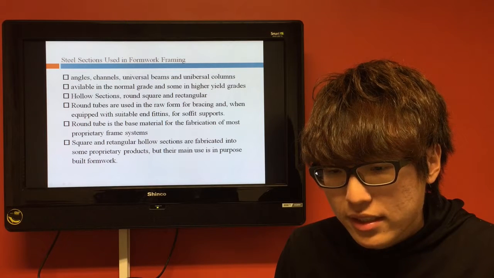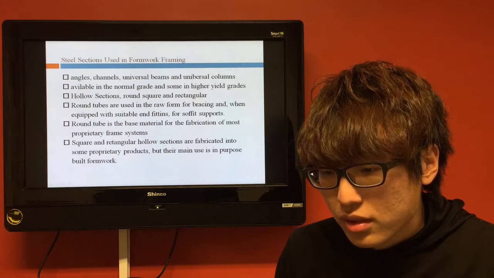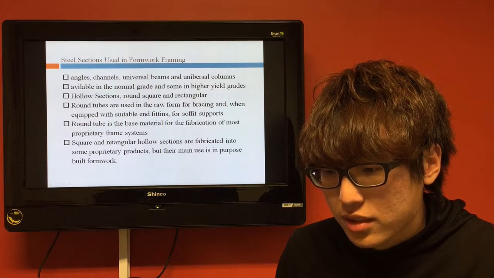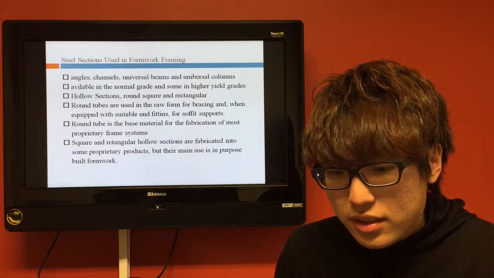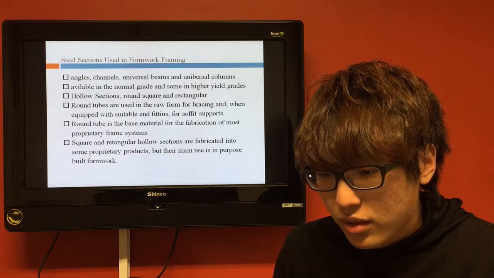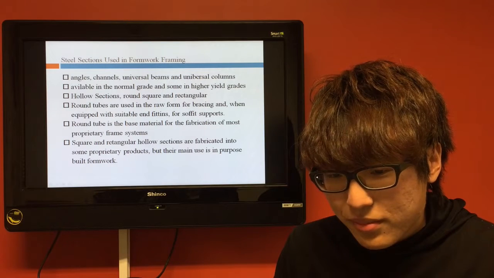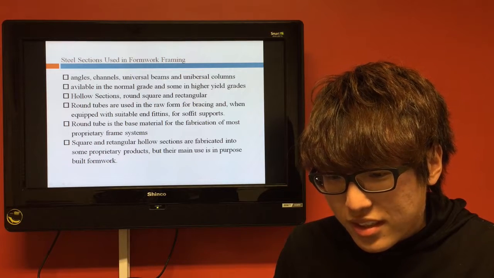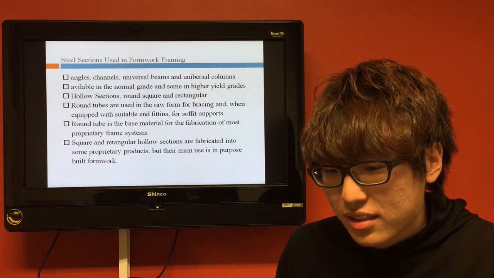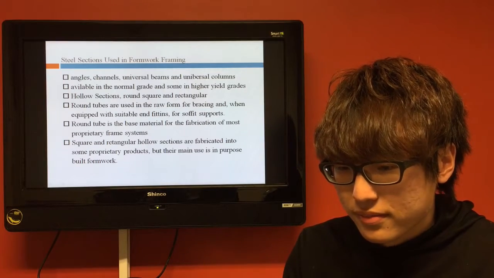Round tube is the base material for the fabrication of most proprietary framed systems, modular support systems. Square and rectangular hollow sections are fabricated into some products, but their main use is in purpose-built formwork.